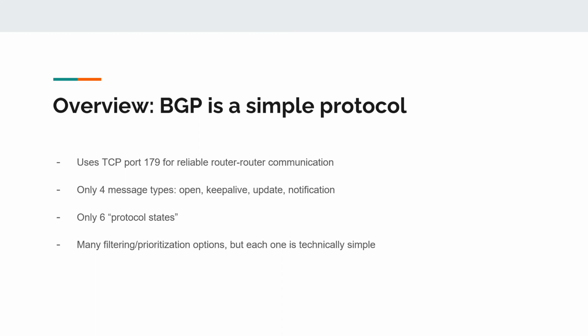There are only 4 message types: open, keepalive, update, and notification. That's it. Also, there are only 6 protocol states. There are also many filtering or prioritization options, but each one is technically simple.